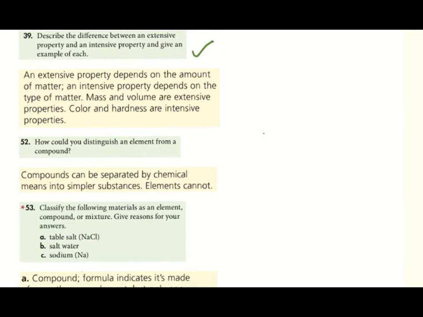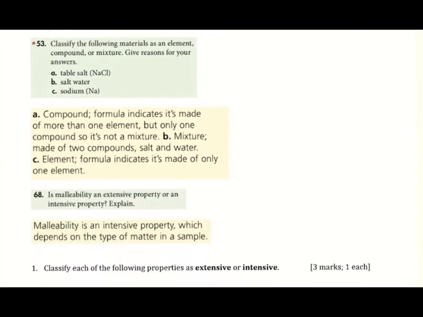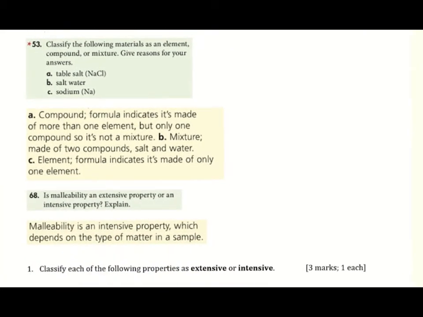How could you distinguish an element from a compound? A compound can be separated by chemical means, while an element cannot. Next question. Classify the following materials as an element, a compound, or a mixture and give a reason. Table salt, as we have just said in the previous video, is a compound.